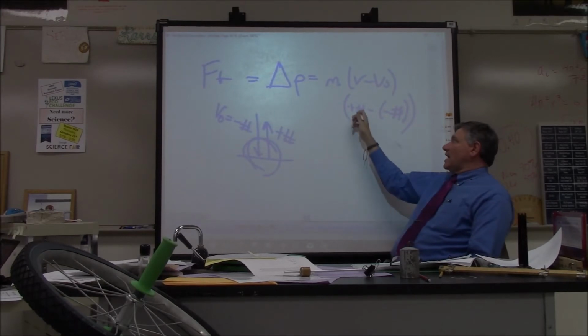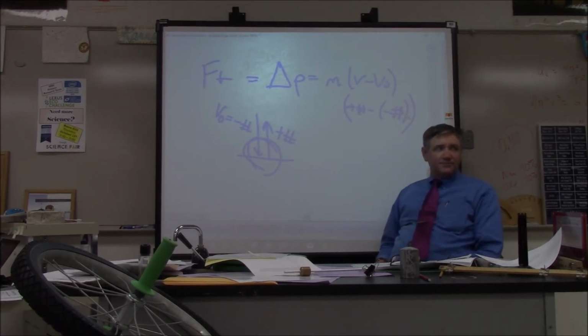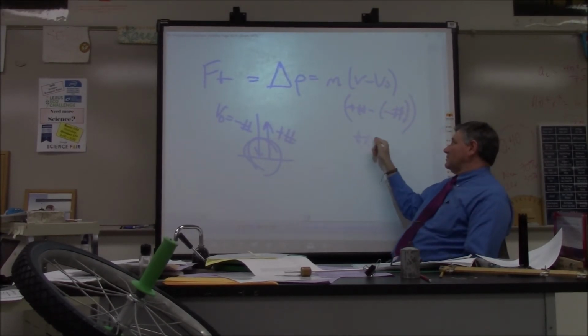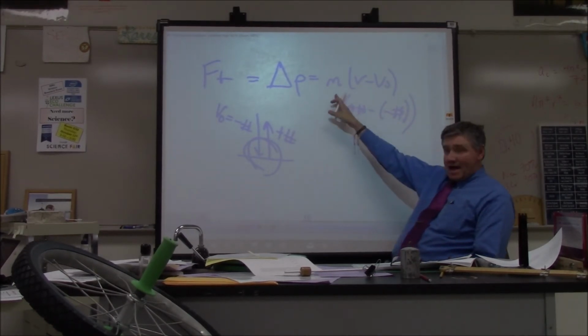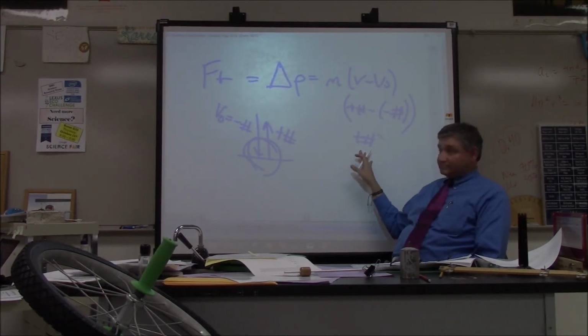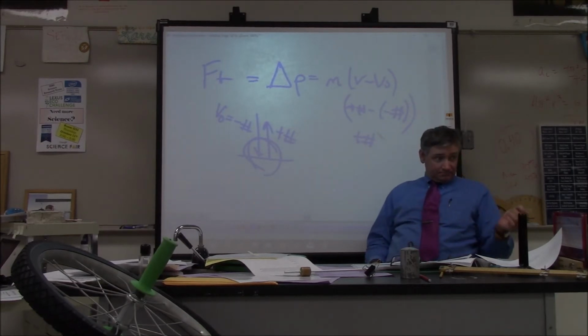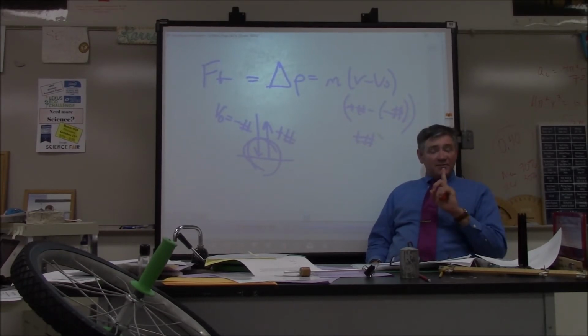So when I take a positive number minus a negative number, what do I get? Another positive number. So I'm going to have a mass times a positive number for my delta V. So that means my change in momentum of the ball is going to be a positive number. Okay? Cool with that.